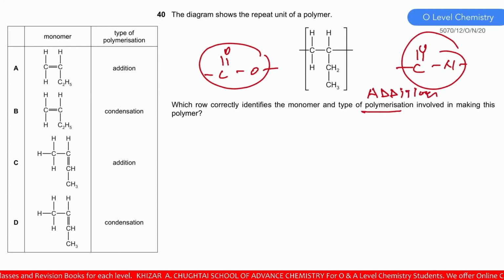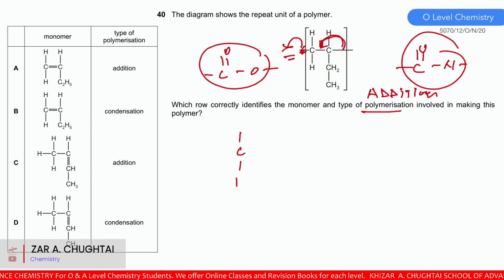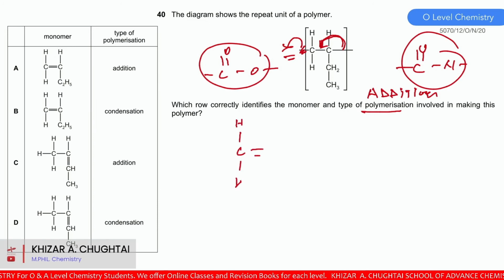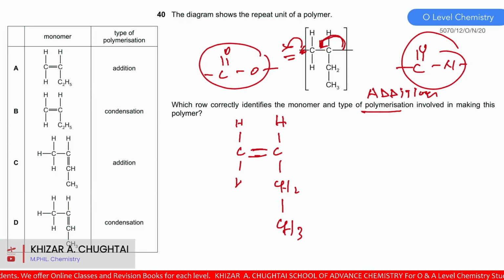Now, how to make its monomer? I am going to shift these continuous bonds back into the molecule. I am going to remove it and shift it back towards the molecule. So its structure will be: carbon-carbon double bond will be over here, CH2 and CH3.